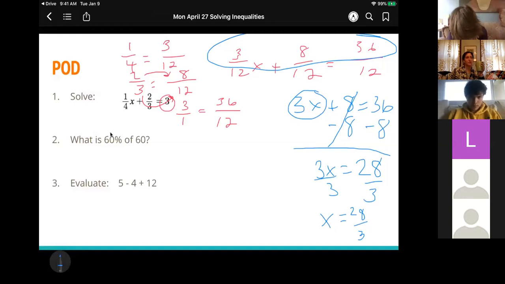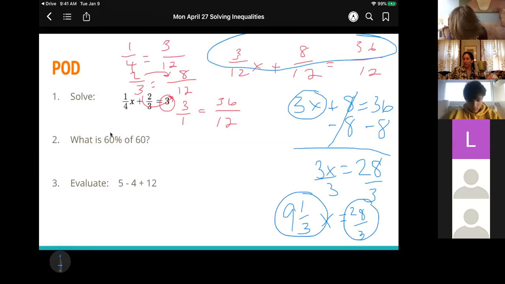How many times does 3 go into 28? 9 times. Yeah. 3 goes into 28 9 times. And I'd have how many left over? 1. David chiming in there. 9 and 1/3. So you could say 28 thirds, or you could say 9 and 1/3. Either way is fine.